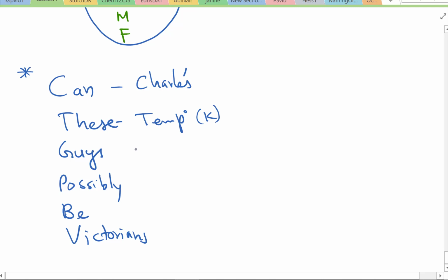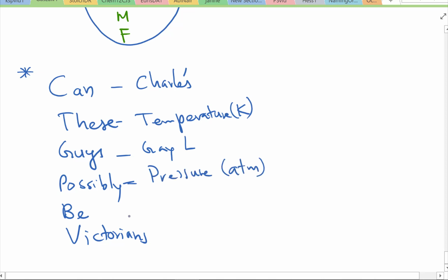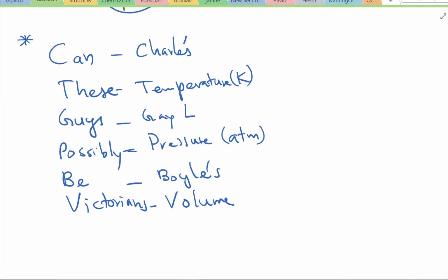So Can is for Charles, These is for temperature in Kelvin, Guys is for Gay-Lussac, Possibly is for pressure, Be is for Boyle's, and Victorians is for volume, right? Now, how do you put this together? If you're not given a formula sheet, you have to memorize it.